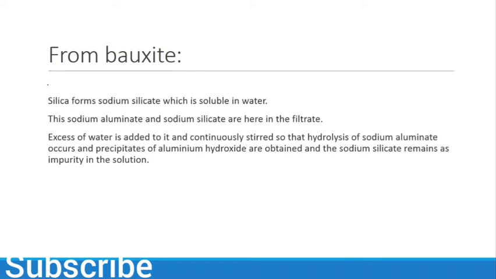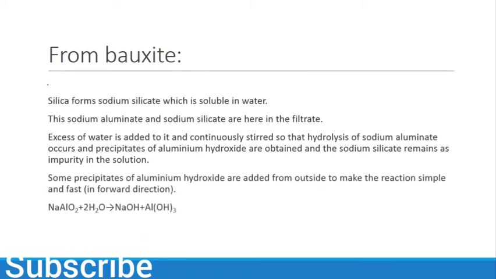Some precipitates of aluminum hydroxide are added from outside to make the reaction simple and fast in the forward direction. So if we want our reaction to move forward in the preparation of aluminum hydroxide, we also add some precipitate of aluminum hydroxide from outside, which favors the forward reaction.